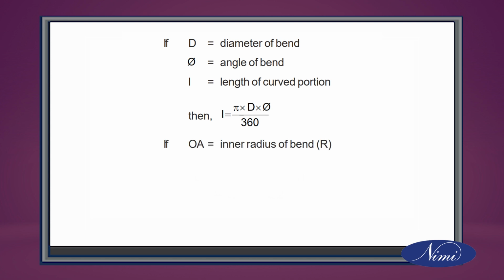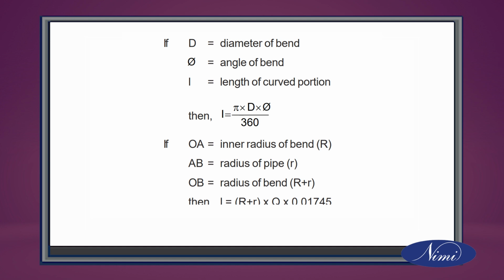If OA is equal to inner radius of bend, r, AB is equal to radius of pipe, r, OB is equal to radius of bend, R plus r. Then L is equal to R plus r into theta into 0.01745.